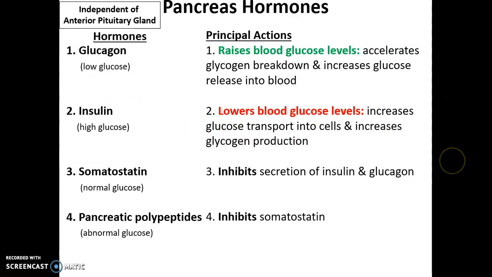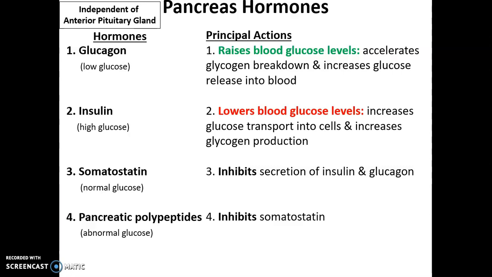And then the fourth hormone is pancreatic polypeptides. Pancreatic polypeptides are released when glucose levels are abnormal, either high or low, and it inhibits somatostatin. So pancreatic polypeptides inhibits somatostatin when glucose levels are abnormal. Somatostatin inhibits glucagon and insulin when glucose levels are normal.